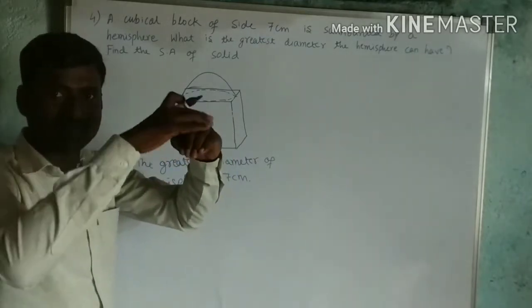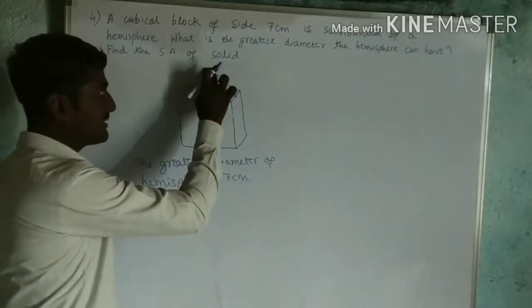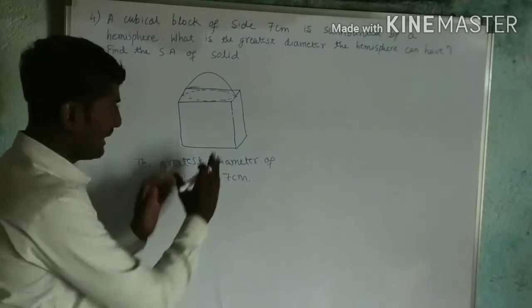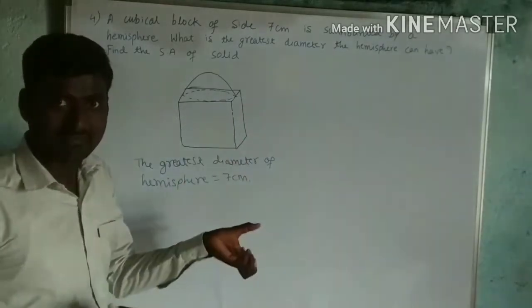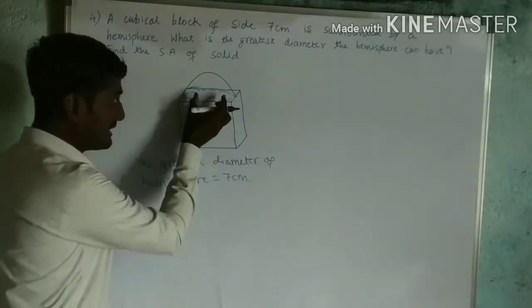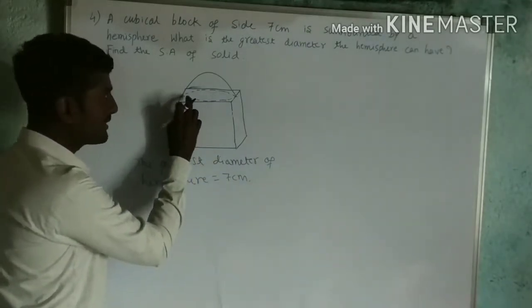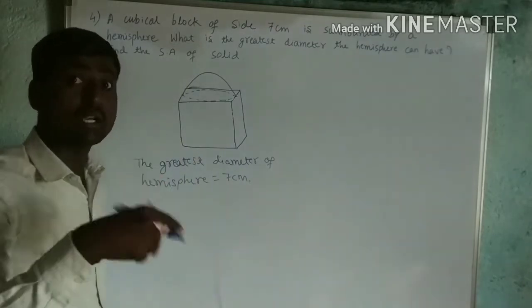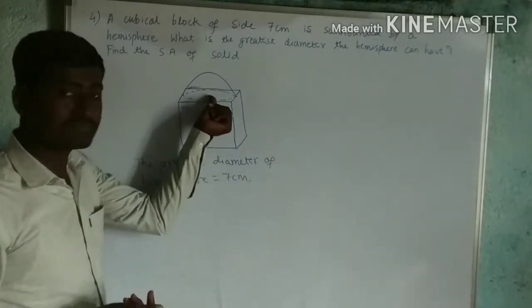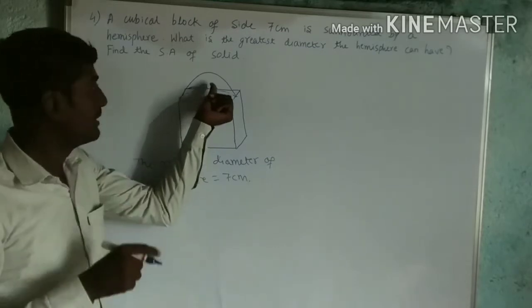This I can touch here. So this area I can touch, means I can find it. And the remaining 5 faces I can touch. And also in this space, this area I can touch, and this area, this area, this area. So the only area we cannot touch is the circular base of the hemisphere.